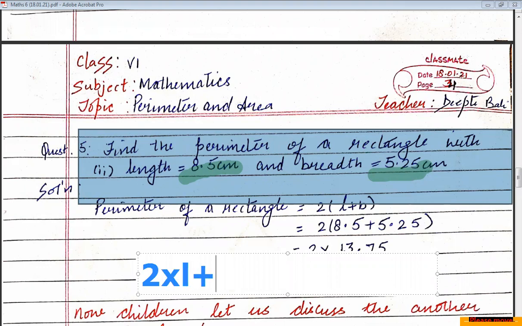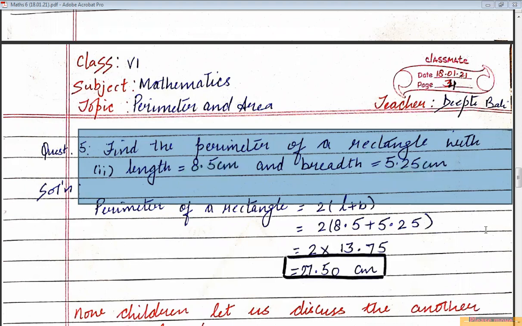Okay, so now first what will you do? You have to add the length with its breadth. Now children, add 8.5 with 5.25. Just add, and after adding these two, length and breadth, you will get 13.75. Now next step is you have to multiply with 2.